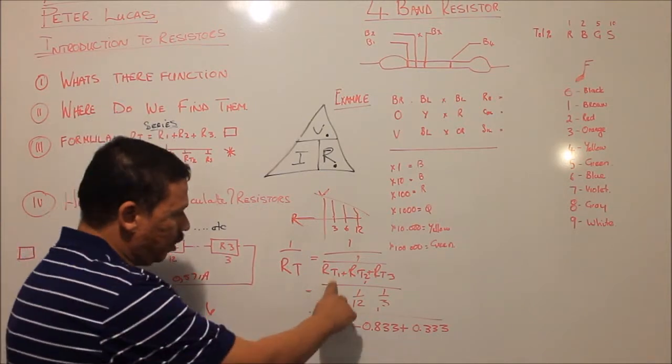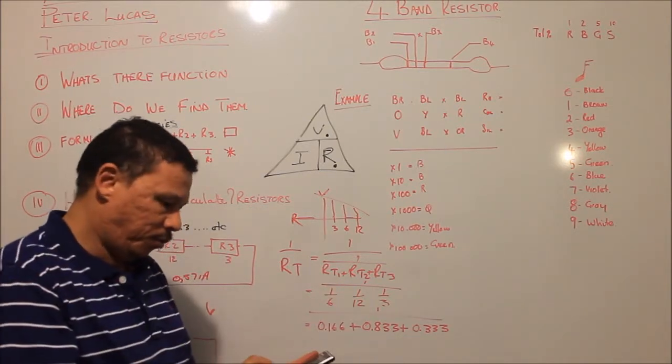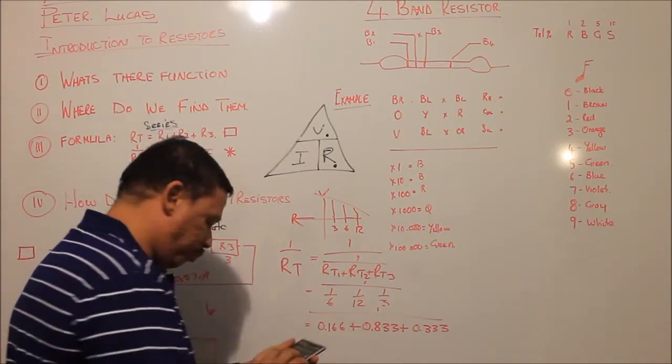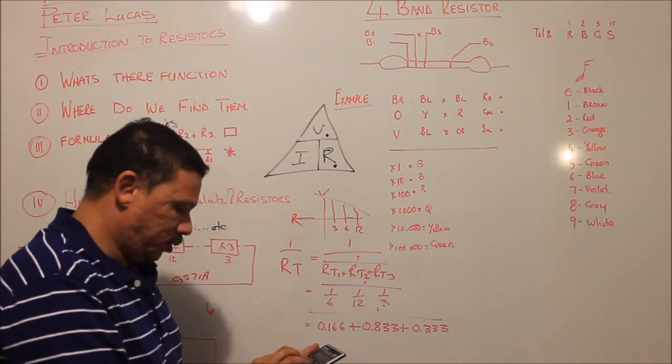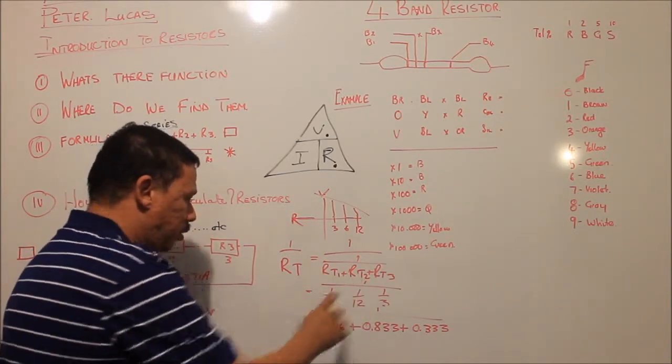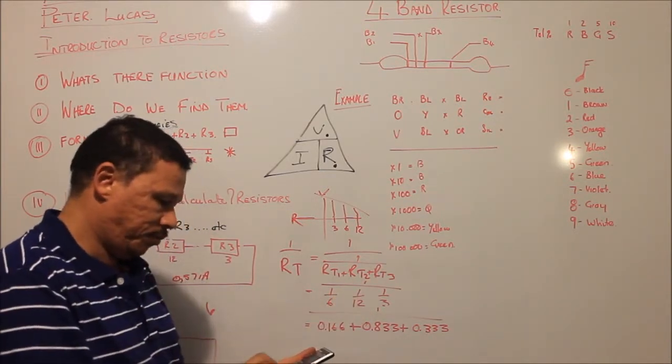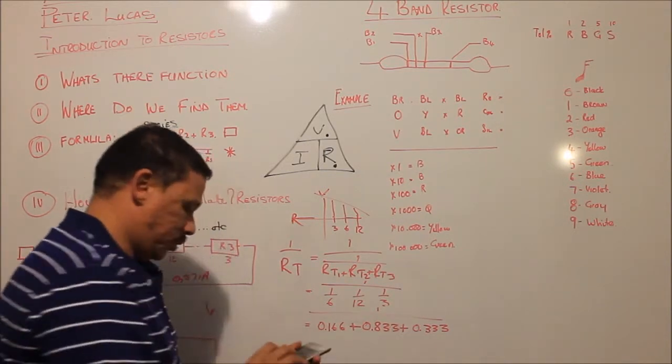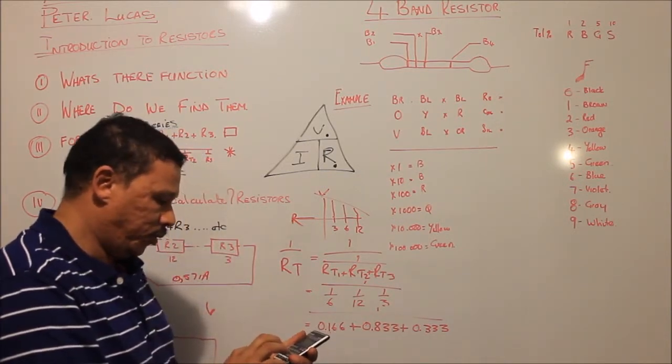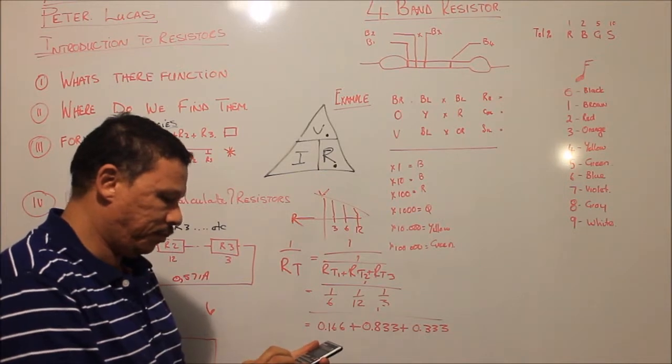0.166, which is RT1, plus 0.0833, which is RT2, plus 0.333.